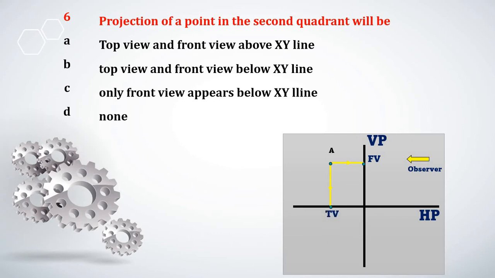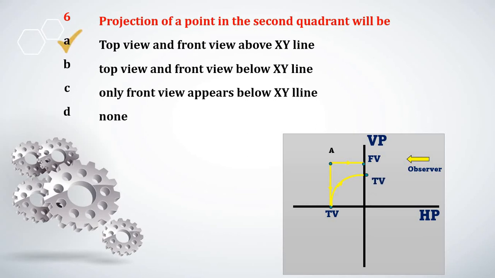But as both the views are asked with reference to the XY line, we have to move the horizontal plane in the clockwise direction by 90 degrees and obtain the position of point A. So we will get both the front view and top view above the XY line, and option A is the correct answer.